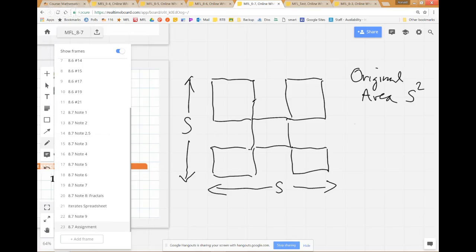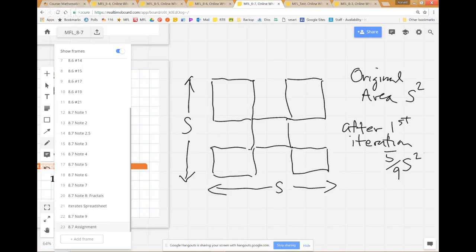So after the first iteration, 5 ninths S squared. Okay.